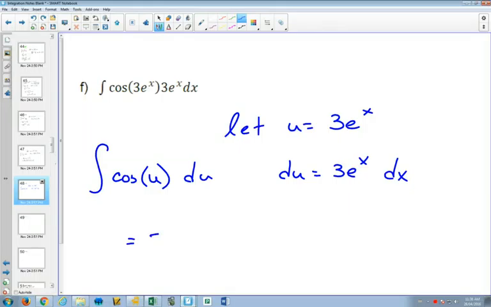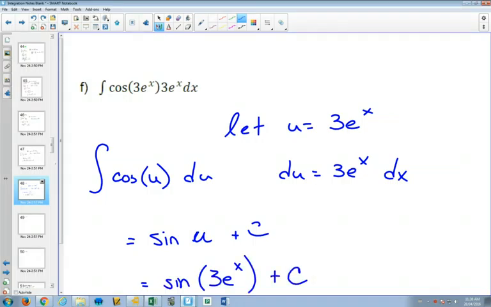Integrating cos, positive or negative sign? Positive. Because the derivative of sine is positive cos. So working backwards, cos will go back to positive sine plus c. And so we get sine 3e to the x plus c.